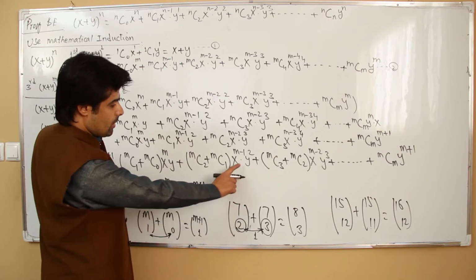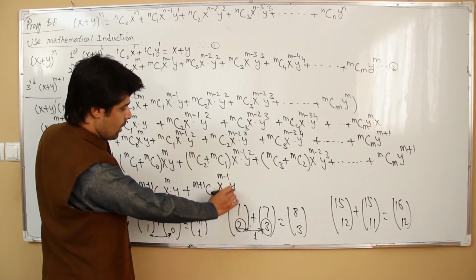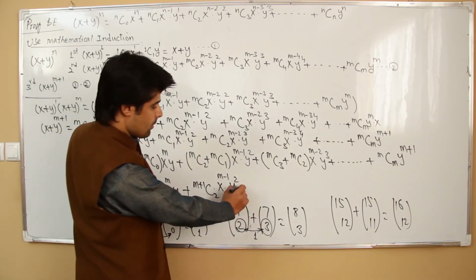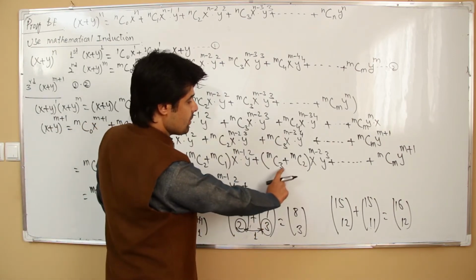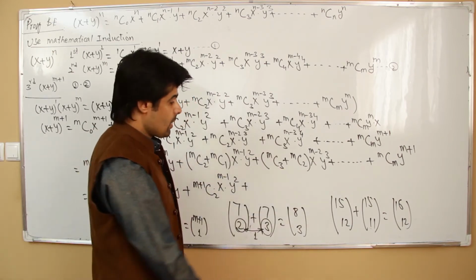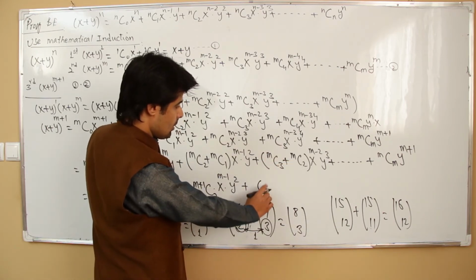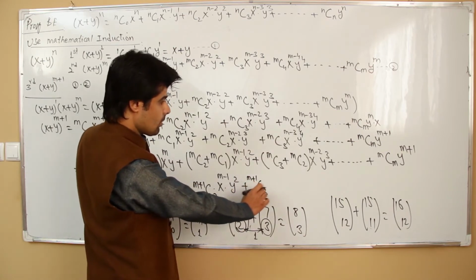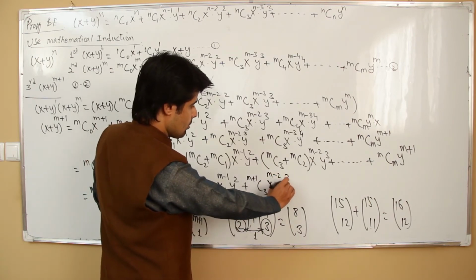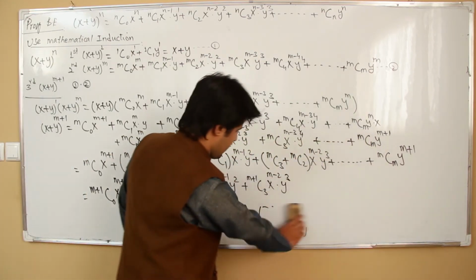Now what is the term? x to the power m minus 1 times y square. Am I right? Yes. Plus, the difference between these two is 1, 3 with 2. How many difference do we have? 1. And the m terms are the same. So choose the largest one, which is 3, and add this one with 1. So the last term is x to the power m minus 2 y to the power 3. Am I right? Yes. I have to erase this side.